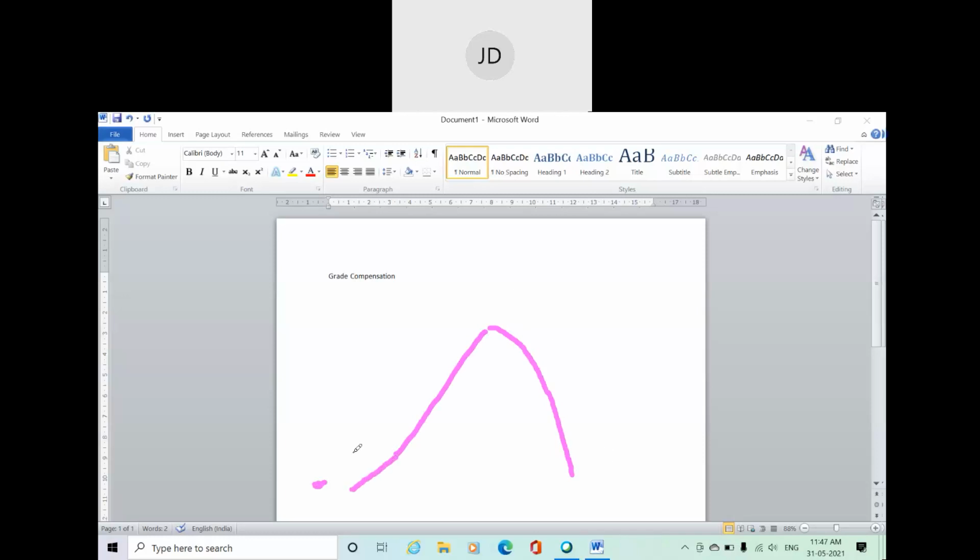To negotiate this, we need to give gradient. I think you have also seen that, either highway or railway track, it is not provided like this. It is provided like this.